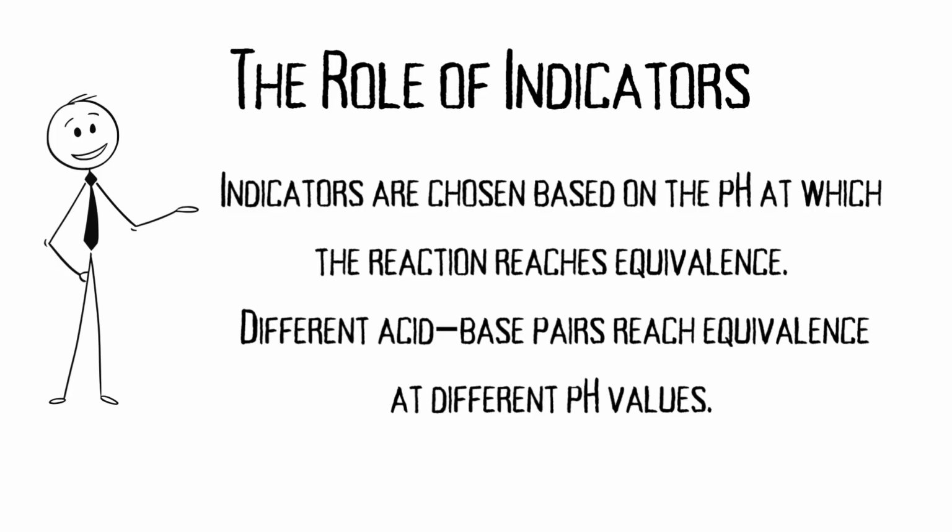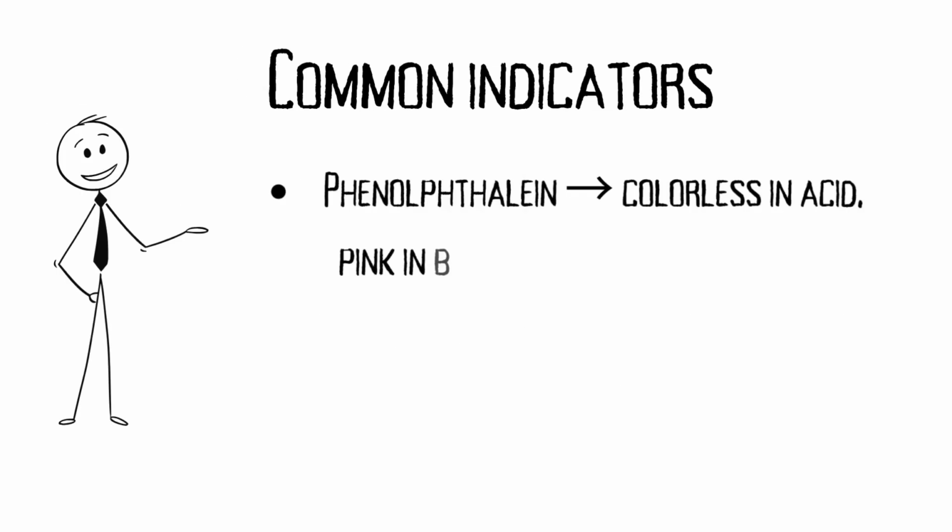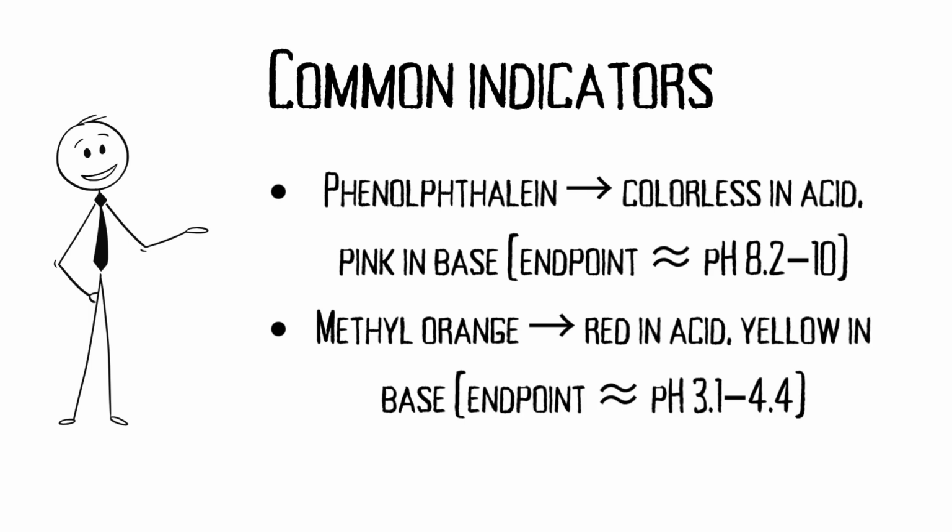Now, for the common indicators, we have a few common go-to indicators. First, phenolphthalein is a favorite, turning from colorless in acid to a brilliant pink in base, usually around pH 8.2 to 10. And for the acidic range, methyl orange is used, shifting from red to yellow around pH 3.1 to 4.4.